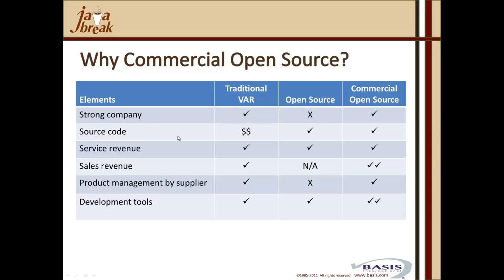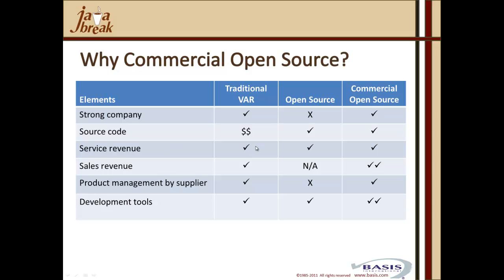And then in commercial open source, you still have that ownership element by a strong company. The source code in a traditional VAR environment is generally available, or sometimes available, after a significant payment made to the owners of the product. In open source, obviously that source code is available to everyone, and similarly in our commercial open source approach.